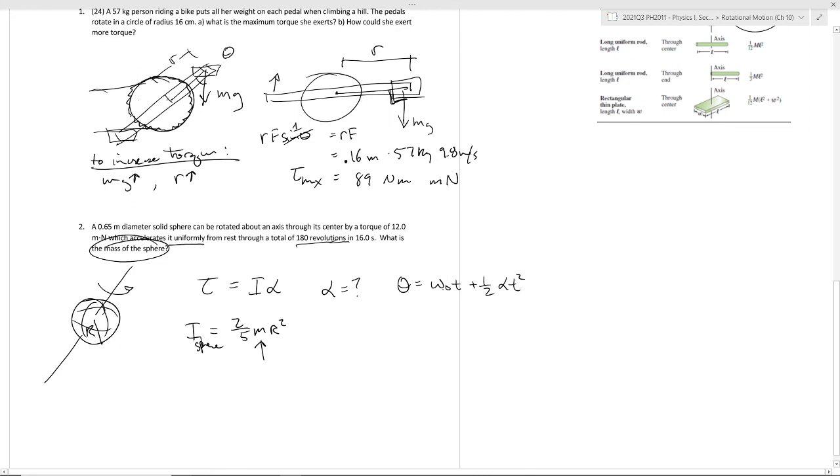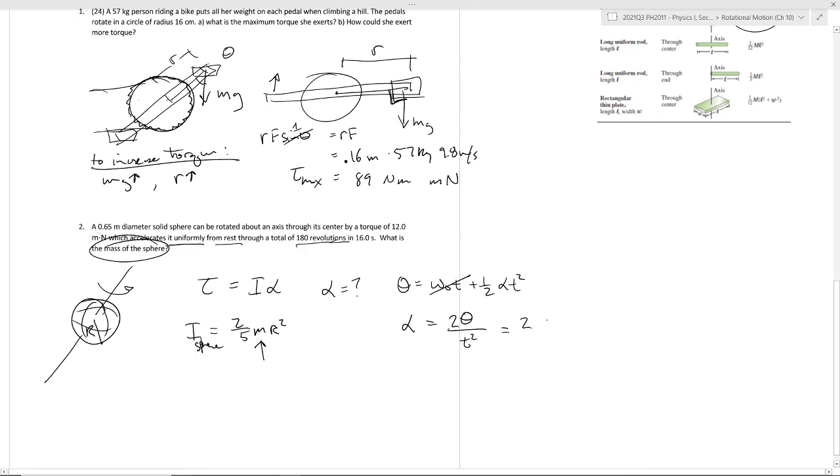Now, there isn't any initial angular velocity because it's starting from rest. And so we can just solve this for alpha and make sure that we have things in the right units. So this would be alpha equals 2 theta over t squared.